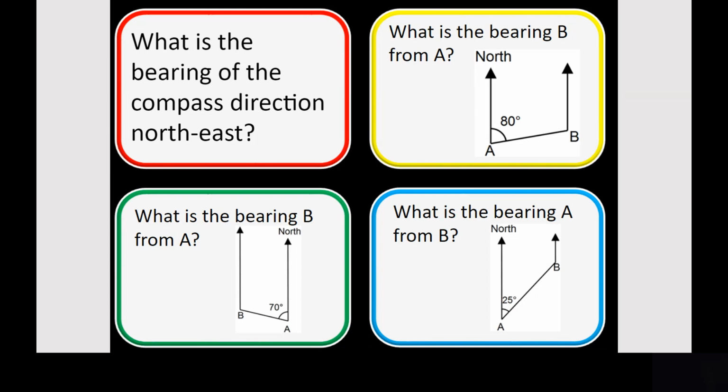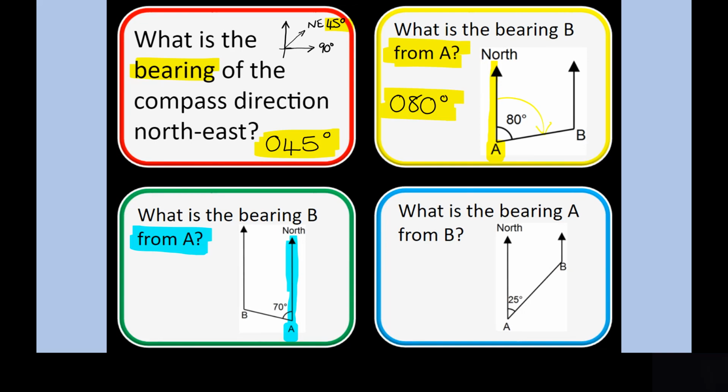So what is the bearing of the compass direction northeast? Now just to do ourselves a little sketch. There we go, I'll put the answers up there for you. Okay, our north is up, our east is to the right, and we know that the angle around to the east is 90, but as a bearing, it's 090.